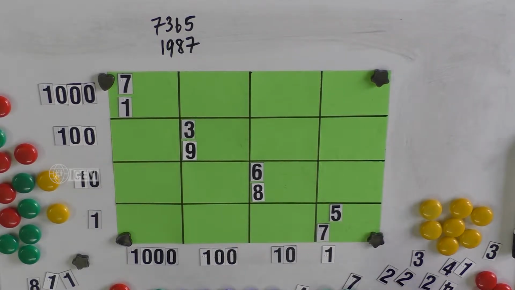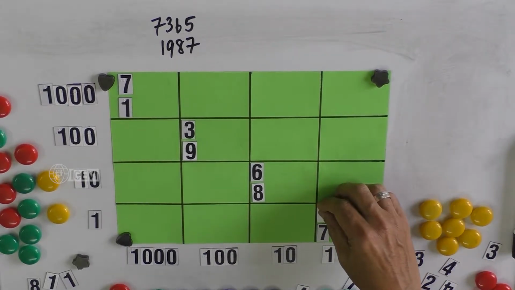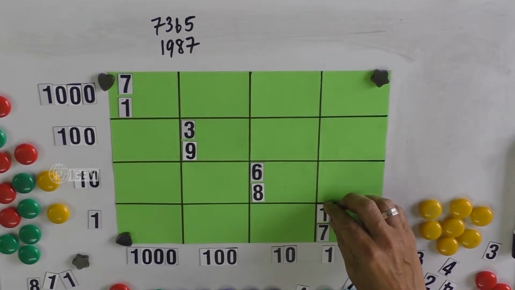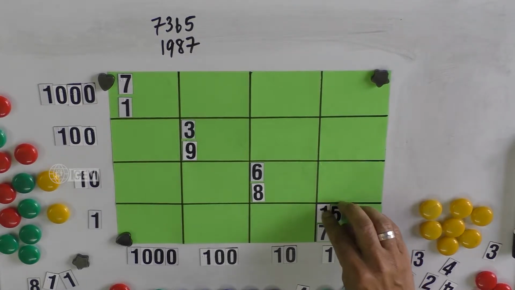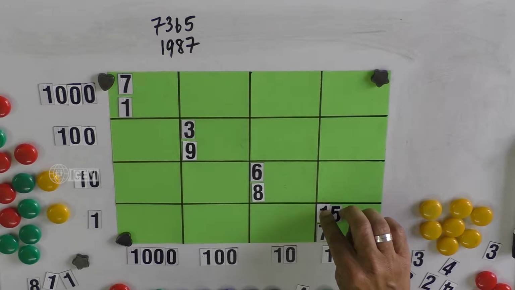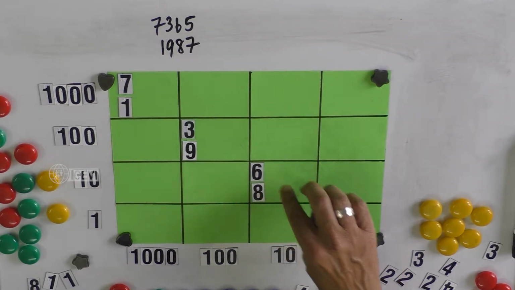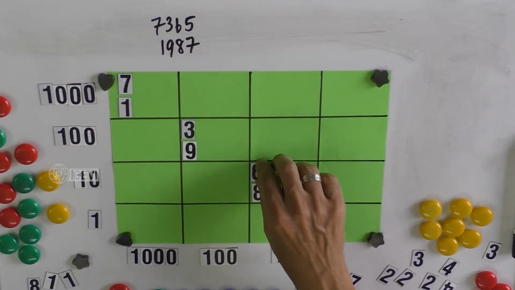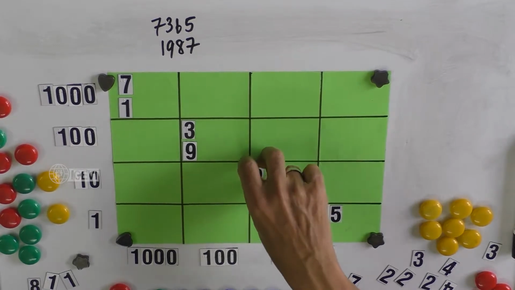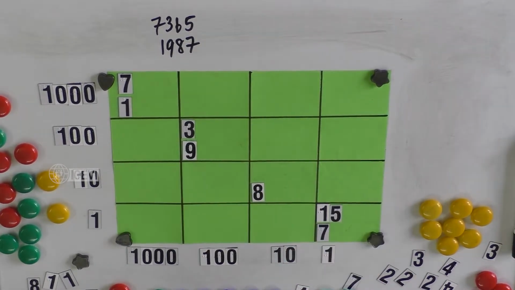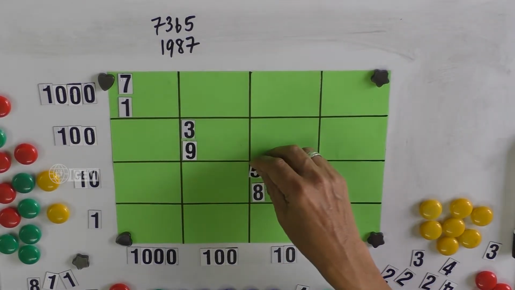You add 1 here, and that makes the number 15, but correspondingly the 6 in the 10th column should be reduced, so you take that 6 away and place 5 there.